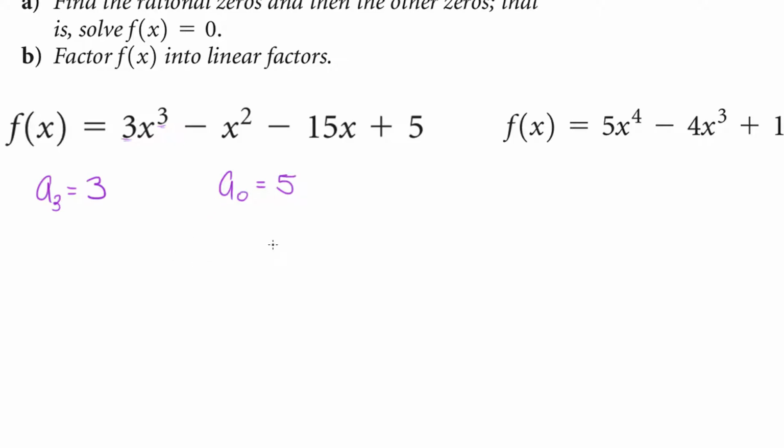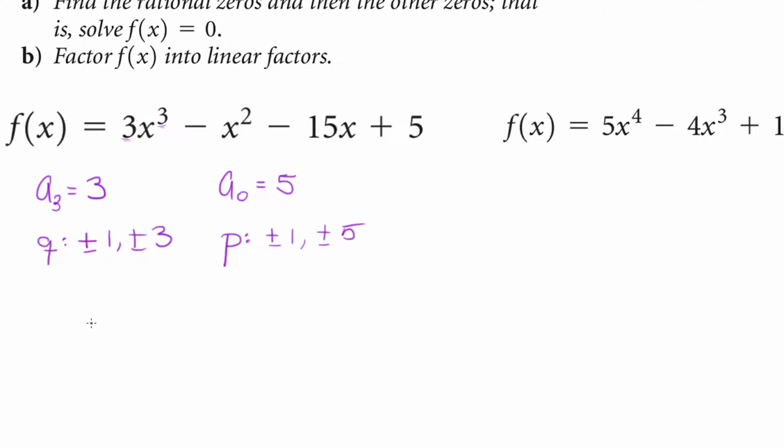Now, what does the theorem say? Well, let P be all the factors of a sub 0, meaning plus or minus 1, plus or minus 5. And let Q be all the possible factors of 3. In this case, plus or minus 1, plus or minus 3.